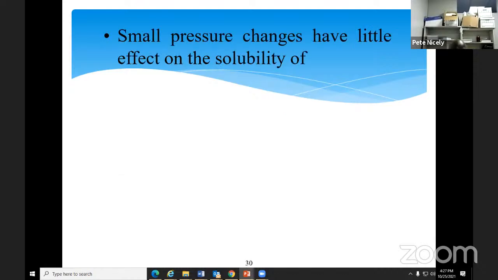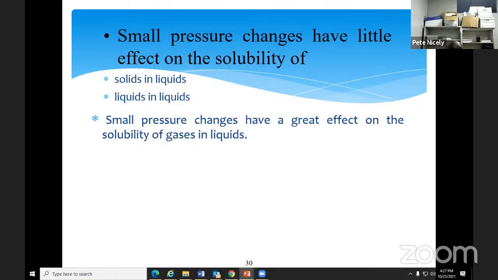So what you'll find is that as the pressure changes, the solubility of solids in liquids does not change by much, and neither does the solubility of liquids in liquids. But when it comes to pressure changes with respect to gases, that can have a tremendous effect on the solubility of these gases in liquids.